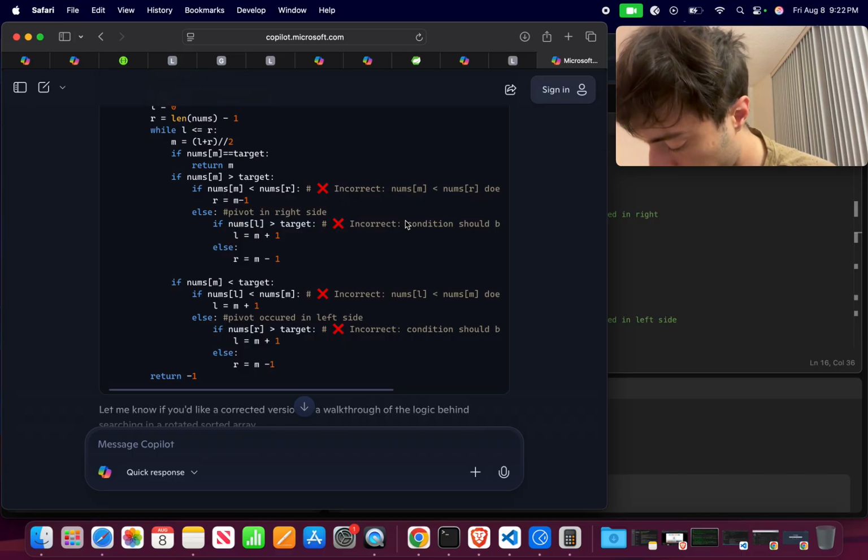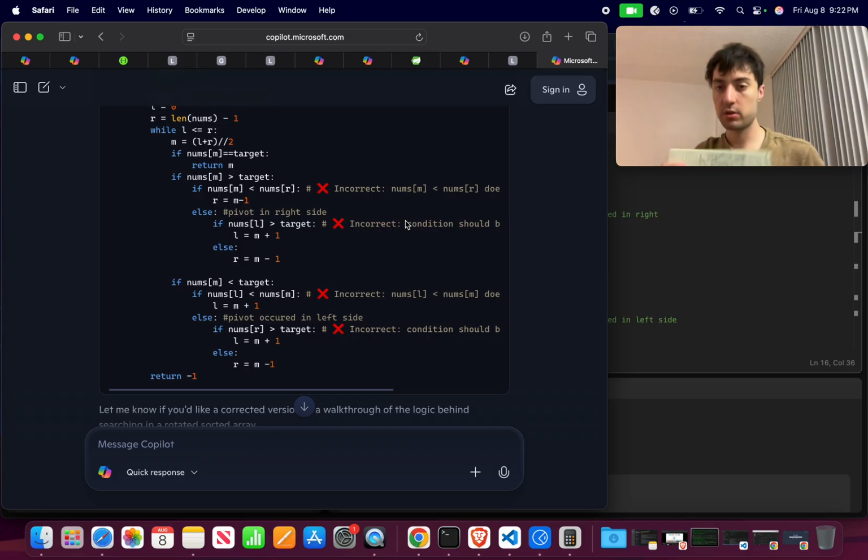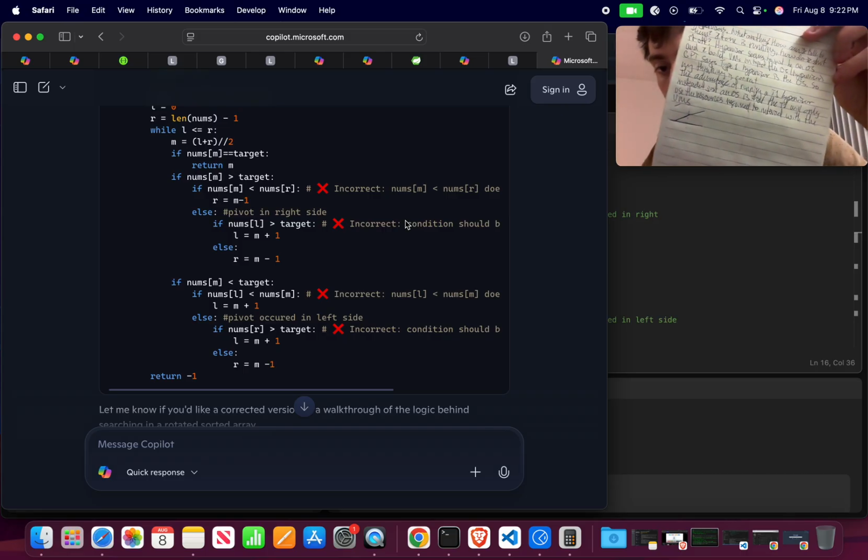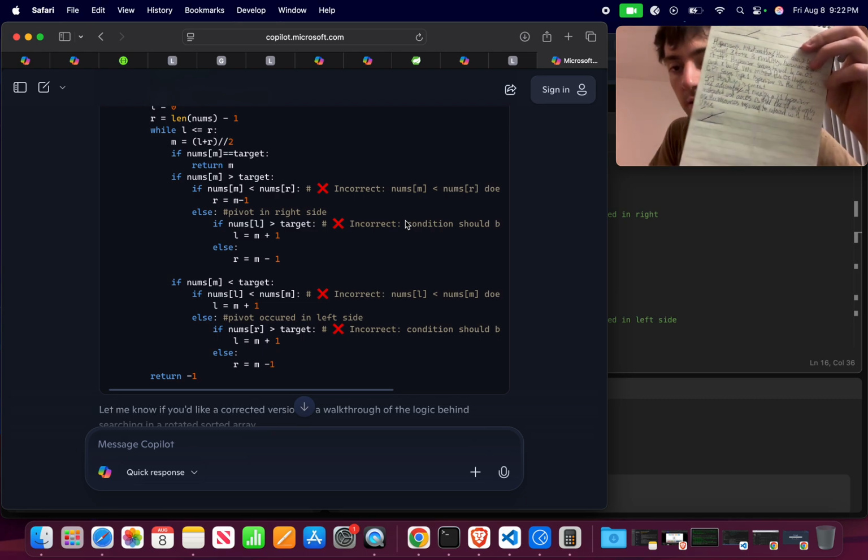And my mid is smaller than my right. Okay, and then this is something like that, right? Should be something kind of like this. Okay, here's my mid.